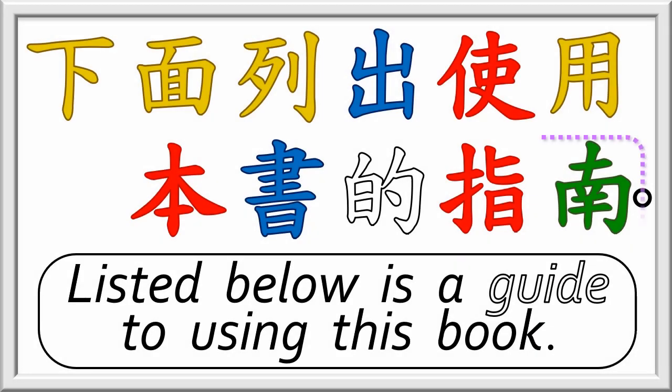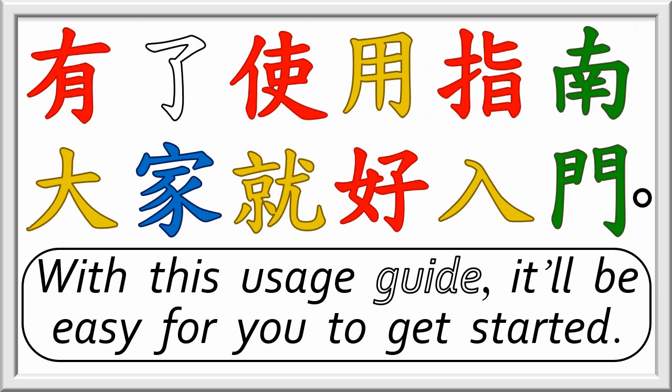And, using the same logic, a guidebook is simply called 指南。下面列出使用本书的指南。Listed below is a guide to using this book. 有了使用指南，大家就好入门。With this usage guide, it'll be easy for everyone to get started. 入门, by the way, means to learn the rudiments or basics of a subject. Literally, to cross the threshold.